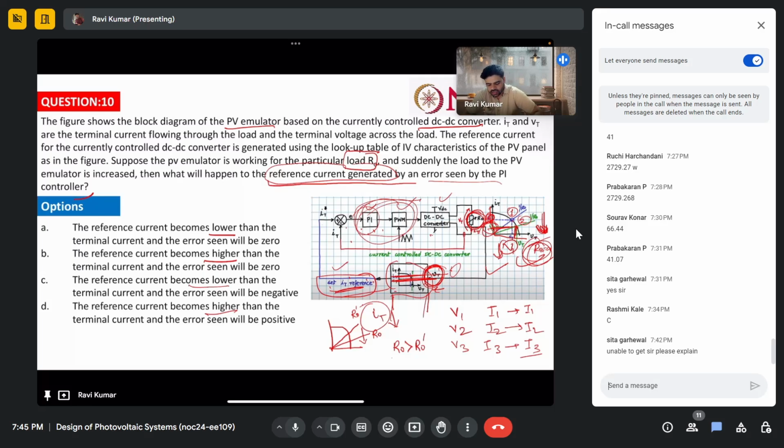So from here we can understand that if R naught is increasing, it was I1 and it is now I2. This is the new current. So if R naught is increasing, what will happen to the reference current? First question is that. So clearly we can say the reference current will decrease. Understood?